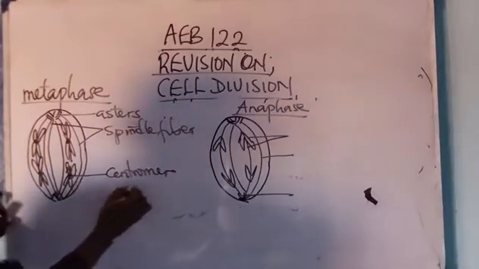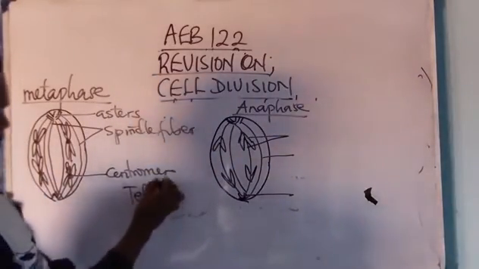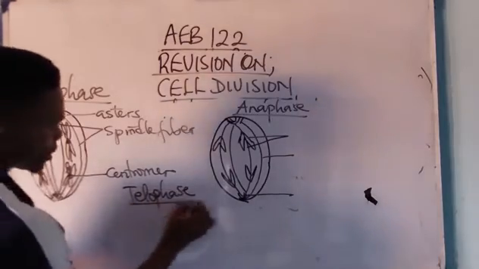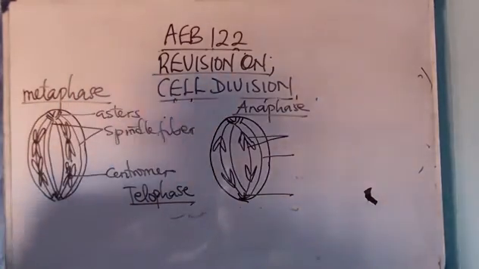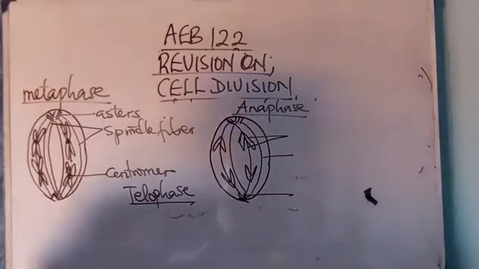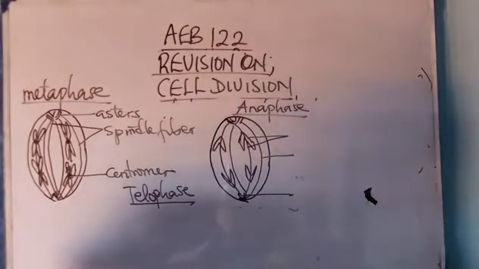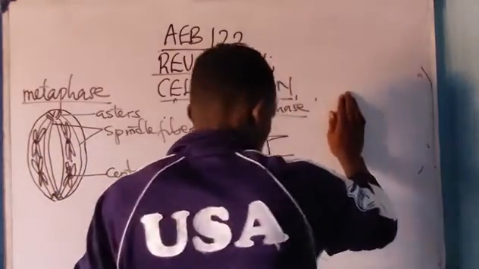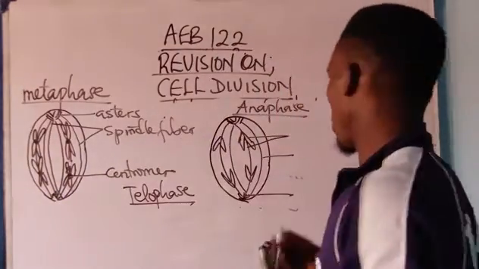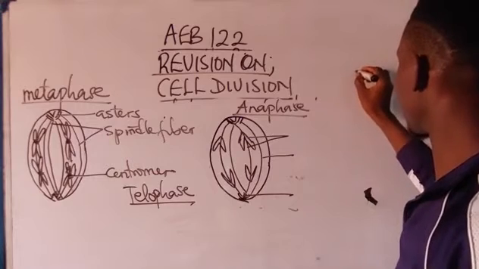Then during the telophase, everything that happens during the prophase is the opposite of what happens in the telophase. Okay, let me put it here, please. I have this. The telophase is like this.